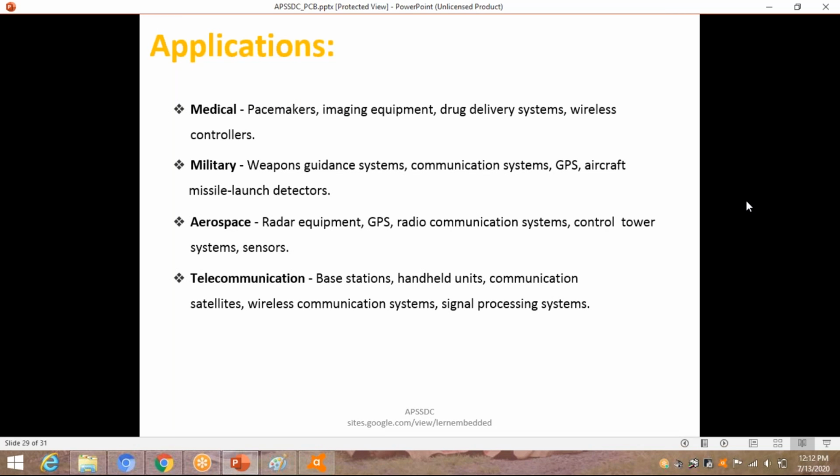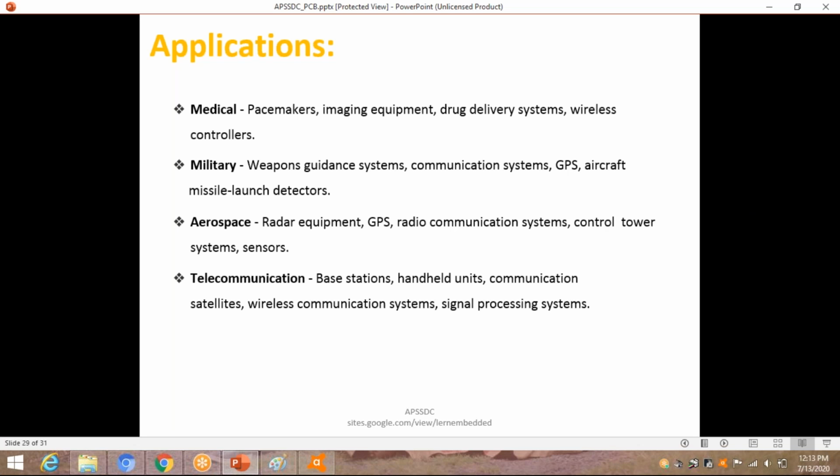Okay, these are some of the applications. PCBs are everywhere. Whatever we touch in our homes, inside there will be a PCB. For example, TVs, fridges, washing machines, ovens, everything is made by using PCBs.